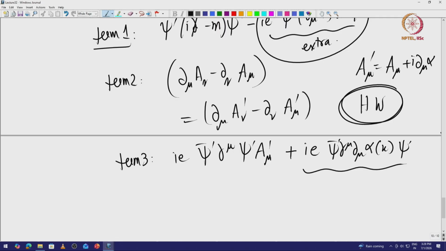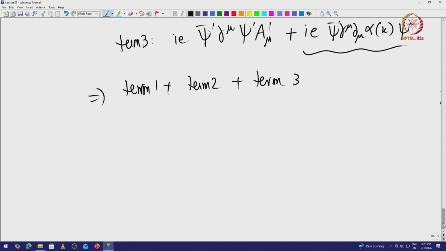So, this will cancel, and so term 1 plus term 2 plus term 3 shows us that the Dirac Lagrangian with interactions is invariant under local gauge transformations.